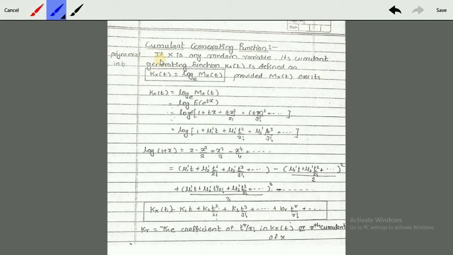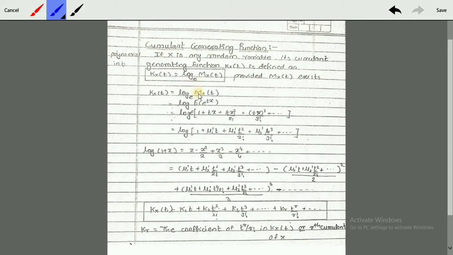It is defined as Kx(t) is equal to log of moment generating function, provided the moment generating function must exist. So we got the expression Kx(t) is equal to log of Mx(t). Here log with base e, it's a natural log.